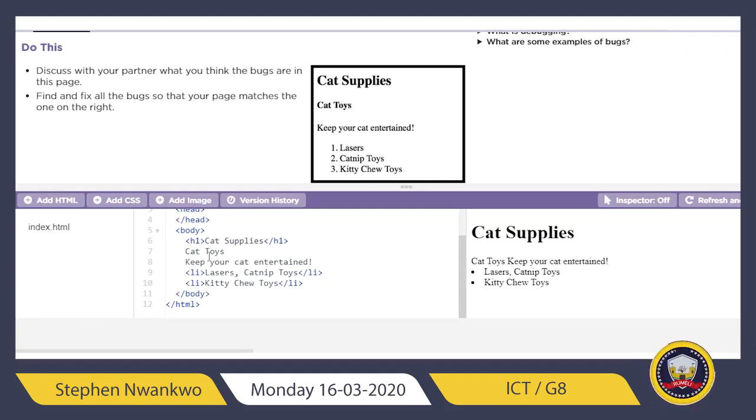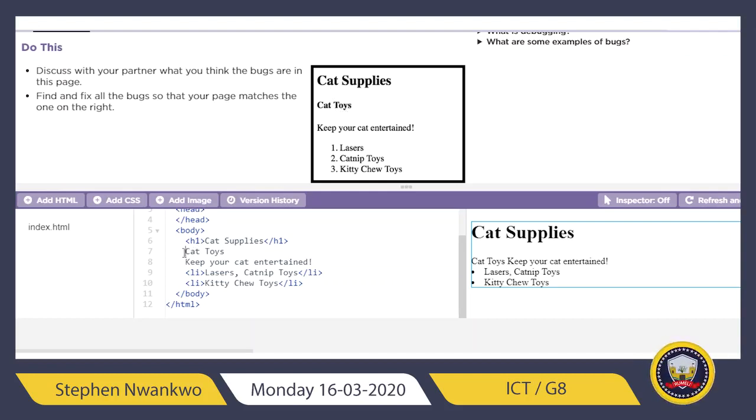Now the second one is cat toys. Over here you have cat toys, keep your cat entertained. So what you do here is to add a header tag to the cat toys. So we have the big header as header 1, and over here cat toys and cat supplies, they have different sizes.